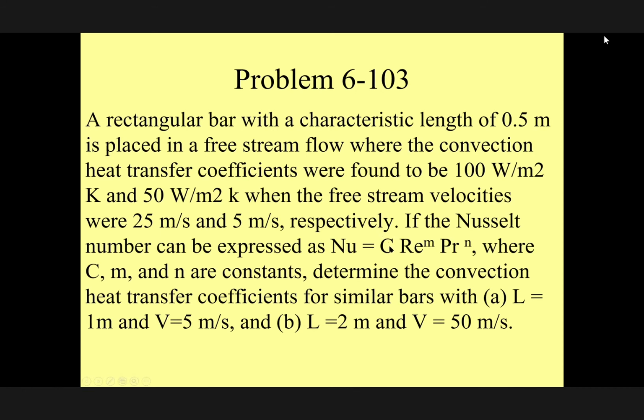I do not know what that value is. M, the exponent for the Reynolds number, I do not know what that is. The Prandtl number exponent N, I do not know what that is. I would like to calculate the convective heat transfer coefficient for a similar bar if L is 1 meter and the velocity is 5 meters per second, and if we increase the length to 2 meters and the velocity is 50 meters per second.